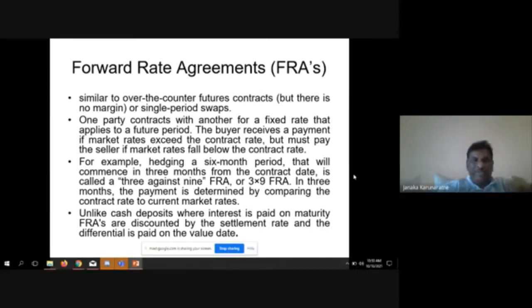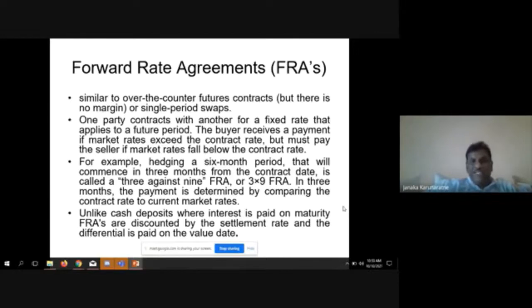That is called a 3 against 9 FRA. You execute the transaction in 3 months time, and the period covered is 6 months. So altogether from today it is 9 months, so that is called a 3 by 9 FRA.